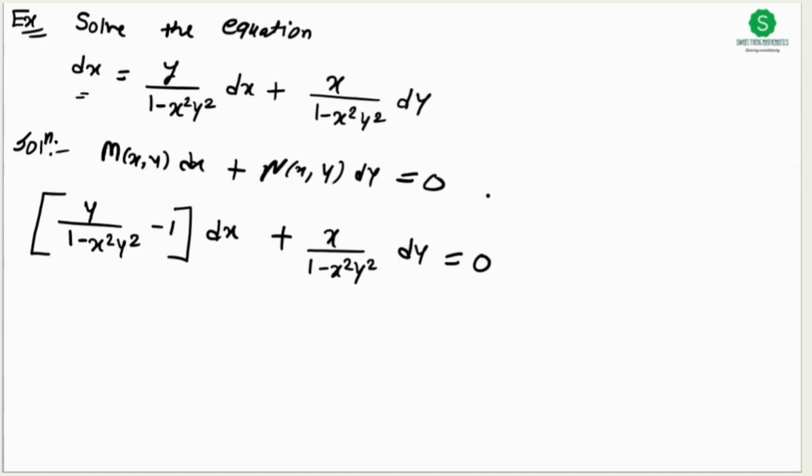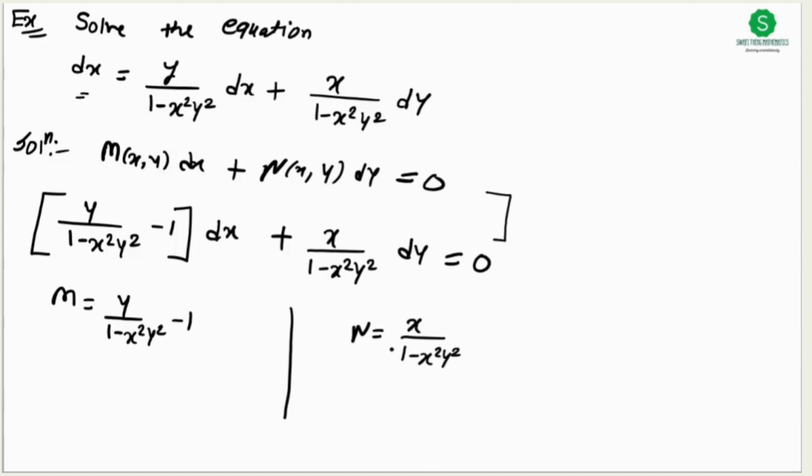If we compare this equation with the general form, we get m is equal to y upon 1 minus x square y square minus 1, and n is equal to x upon 1 minus x square y square.